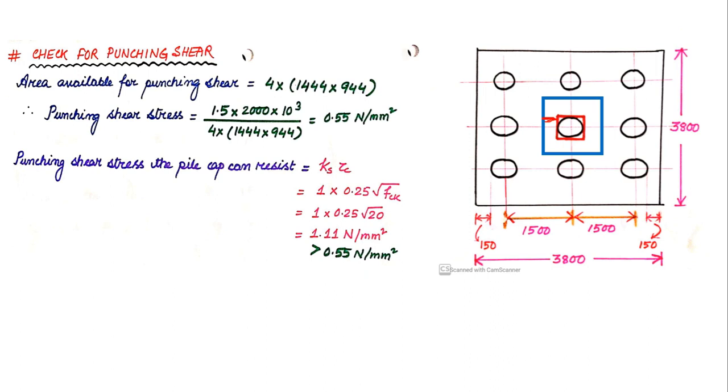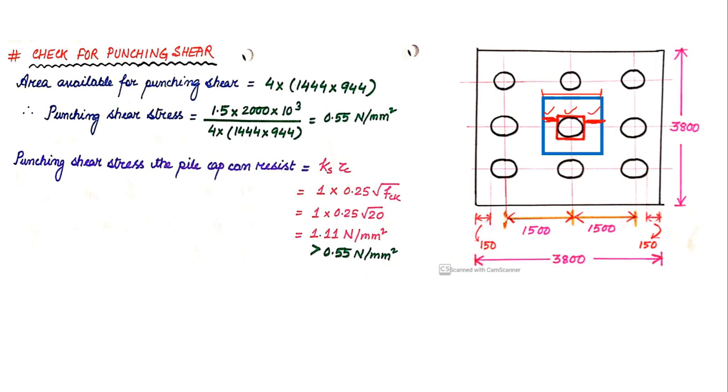So this distance is 472, and similarly this distance will also be 472. If I need to know this overall distance from here to here, it will be 472 plus 500, where 500 is the size of the column, plus 472.